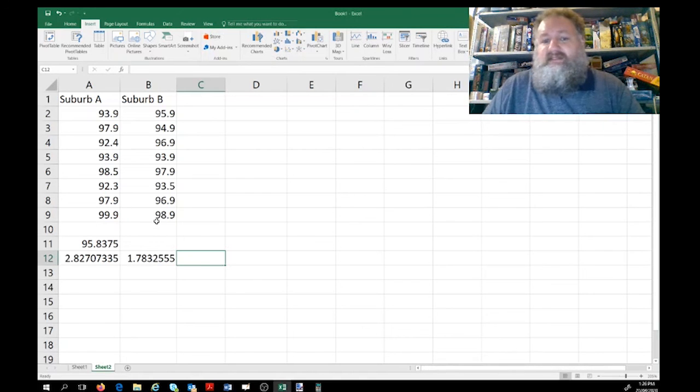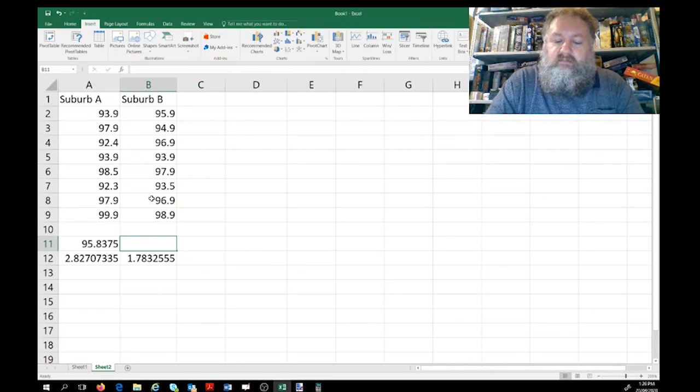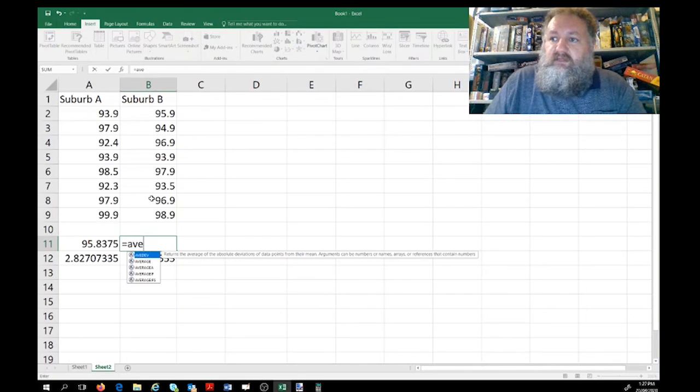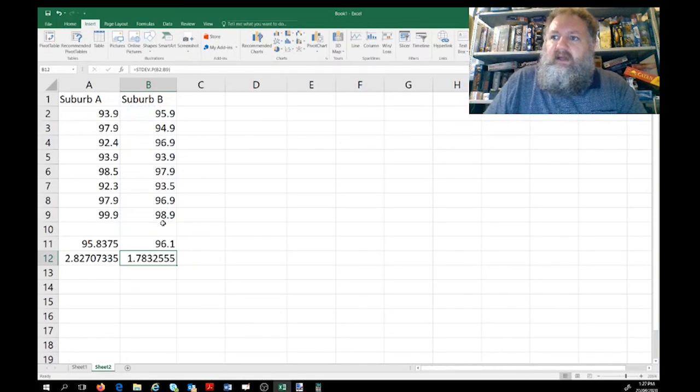What we can say about that second suburb is that the cost of fuel, if those were the fuel prices, has a smaller deviation from the average. If we were to work out the average for this, I didn't actually work that out. Average of this group of information, you will see, even though it's slightly higher on average, you have a smaller standard deviation, so it's probably a more stable price. Okay.